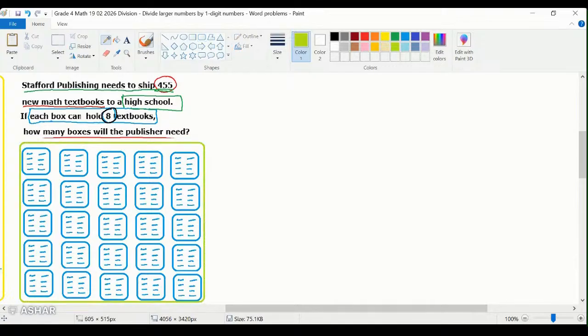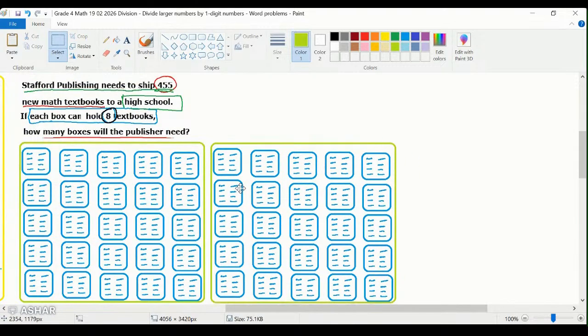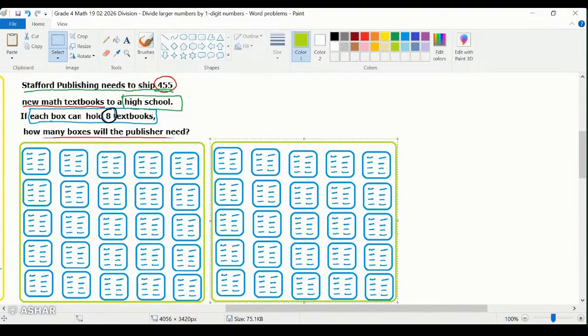How many boxes were used? 25 boxes, right? 25 boxes had 200 books. Let's make another copy and say another 200. That means total 400, right? 400 books are there.